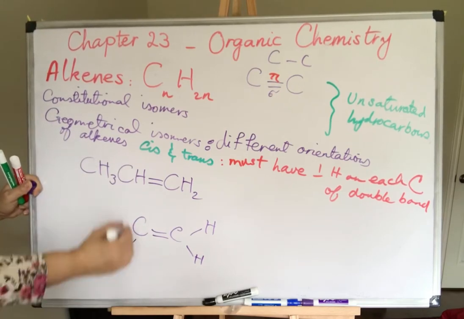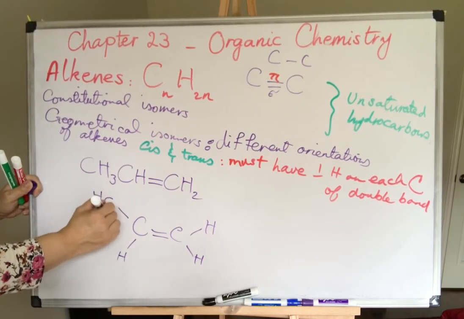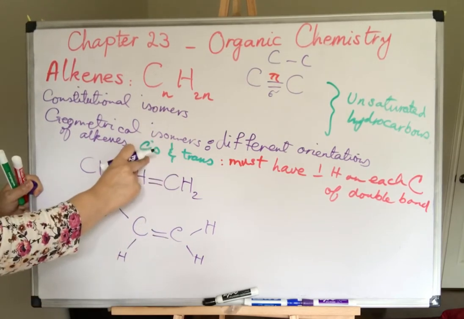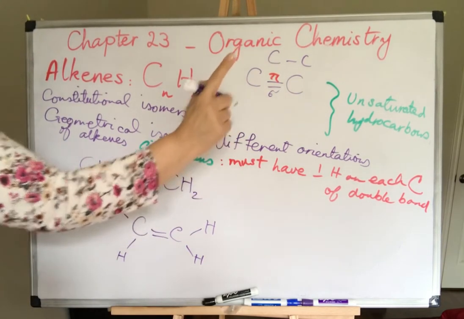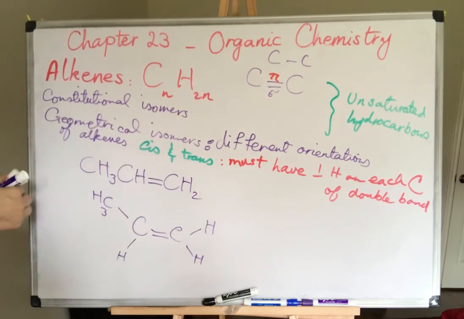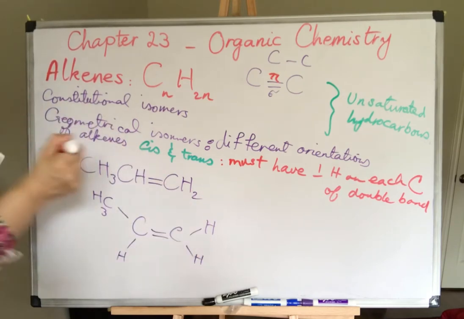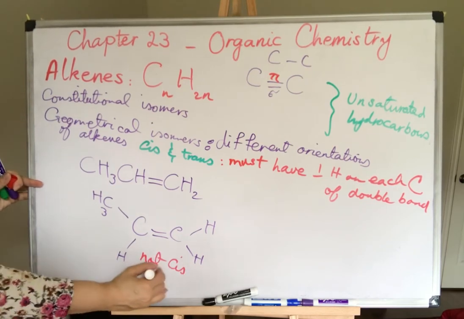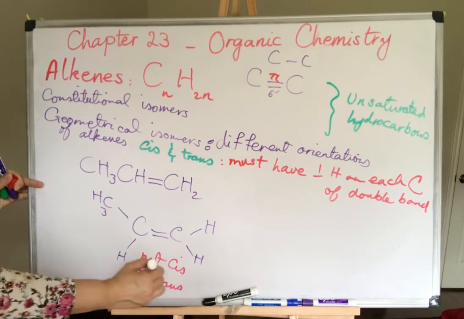One hydrogen and one CH3. Is it cis or trans? What is the criteria for cis and trans? Must have only one hydrogen on each carbon of the double bond. How many hydrogens do you see on this carbon? Two, right? Not one. So not cis or trans. You cannot assign cis or trans.